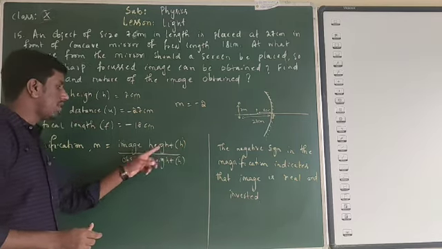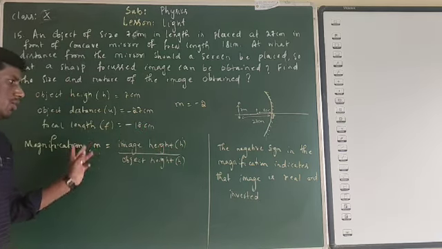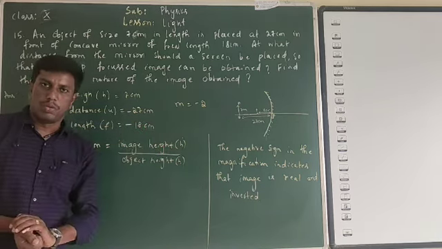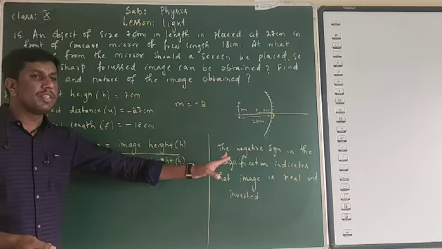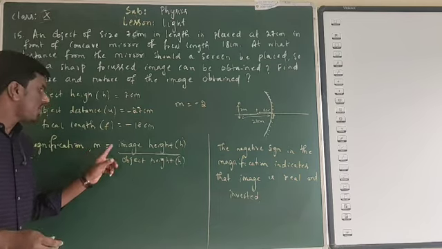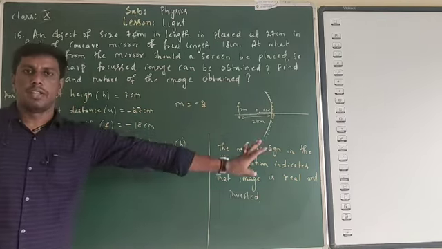Magnification is equal to image height divided by object height. We have two formulas for the magnification, even in mirror, even in lens. In terms of height, both for mirror and lens it is the same.